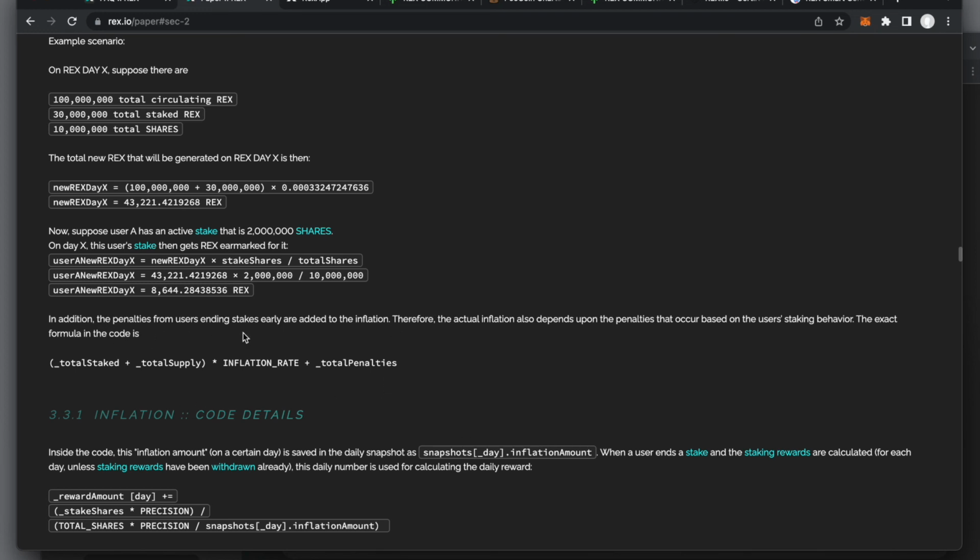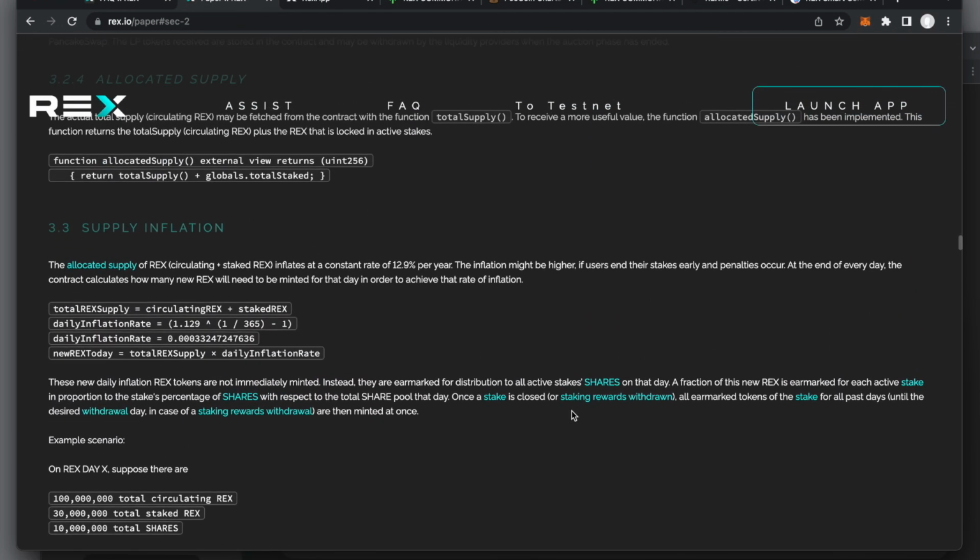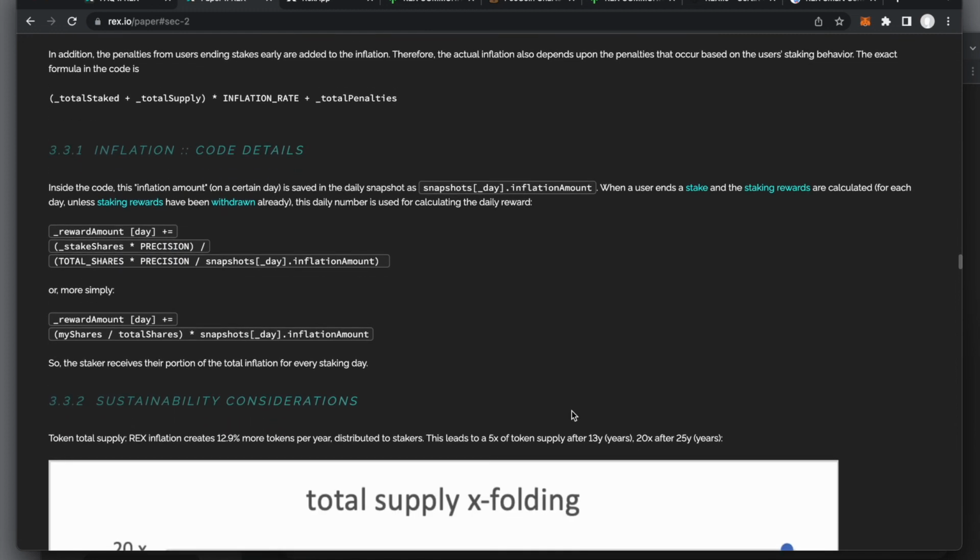Okay. In addition, the penalties from users ending stakes early are added to the inflation. Therefore, the actual inflation also depends on the penalties that occur based on user staking behavior. The exact formula in the code is this. Okay. So that is supply inflation.